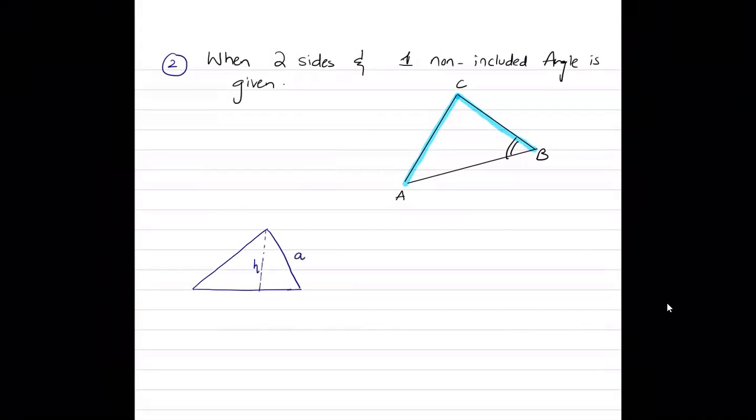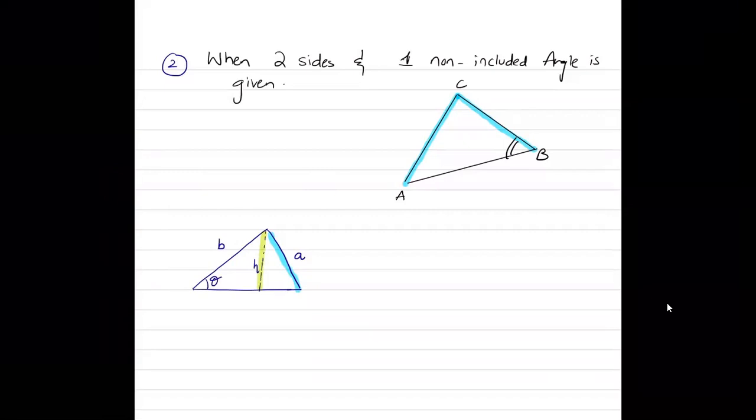This is, let's say, the length A, this is angle B, and this is angle theta. Now, if you want to form a triangle, your length A must always be greater than the length of the perpendicular height. Otherwise, you will never get a triangle.